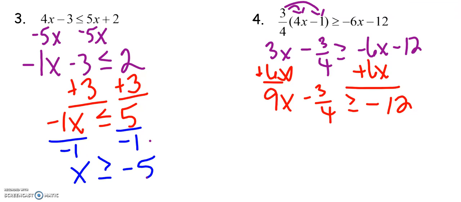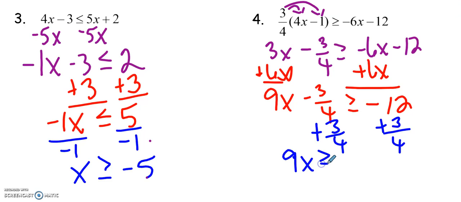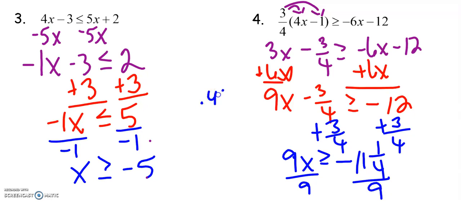Now we need to add on our 3/4. So we have 9x is greater than or equal to -11 and 1/4. Then we're going to divide by 9 to get our variable by itself. -11 and 1/4 is really -45/4.